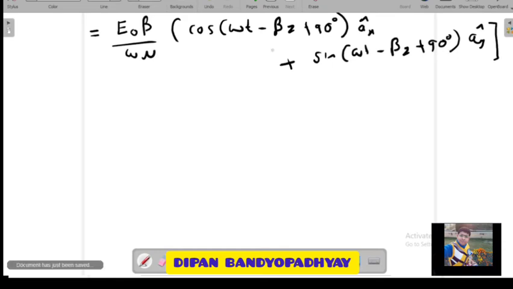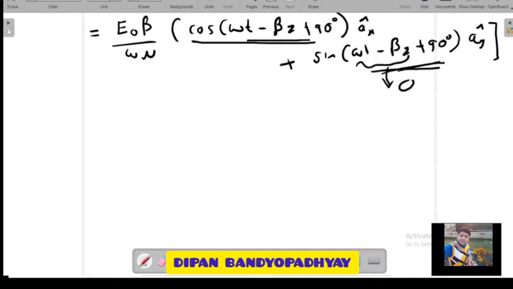This is the contribution of j. Now this is cos of theta plus 90 degrees, and this is sin of theta plus 90 degrees, if you consider this to be theta.